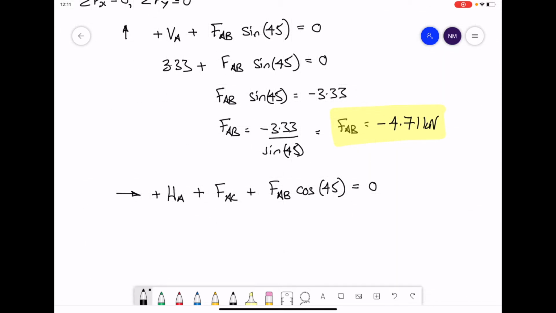We know HA to be 0, FAC plus FAB cos 45 equals 0.